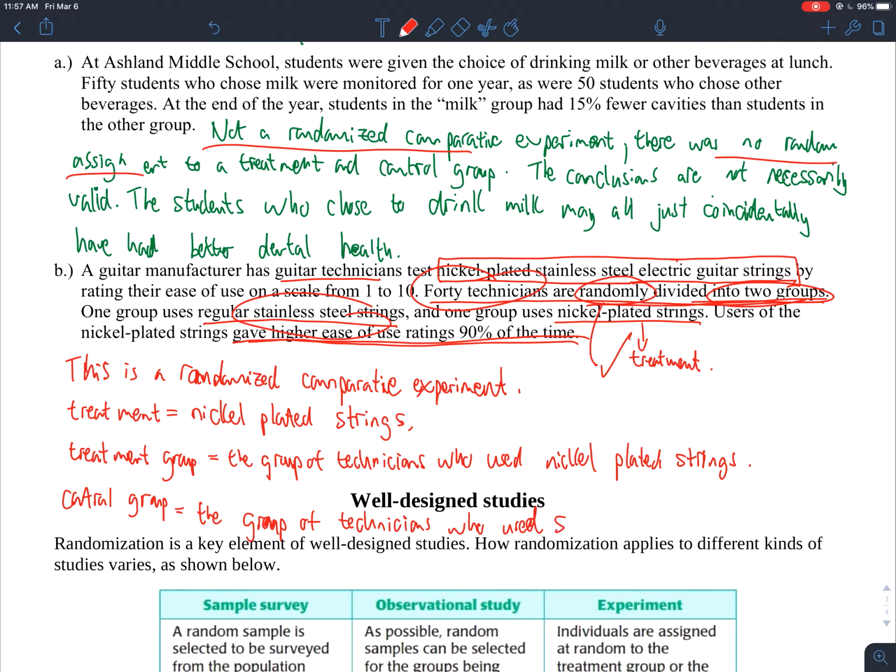Stainless steel strings, okay? Stainless steel strings. I think we answered the question, okay?